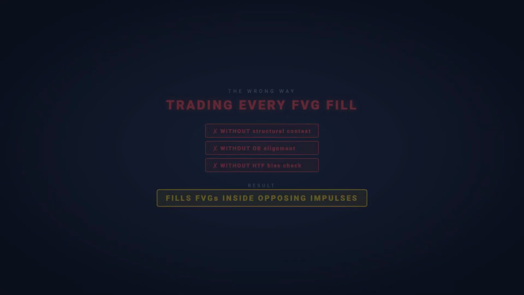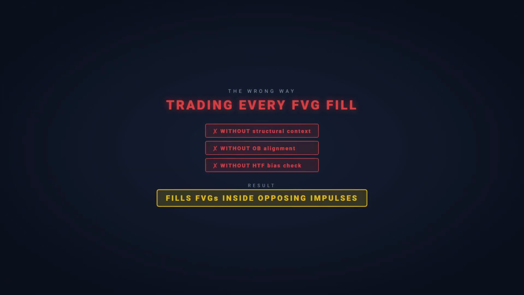You will be filling FVGs that sit inside larger opposing impulses. Price fills the FVG because the imbalance is real and the fill mechanism works, and then continues in the direction of the dominant flow. The fill was a temporary retrace inside a trend, not a reversal signal. Your entry was mechanically valid in isolation and mechanically irrelevant in context.